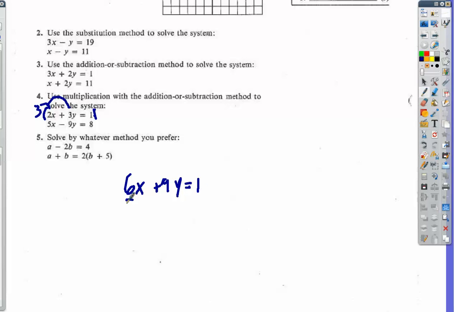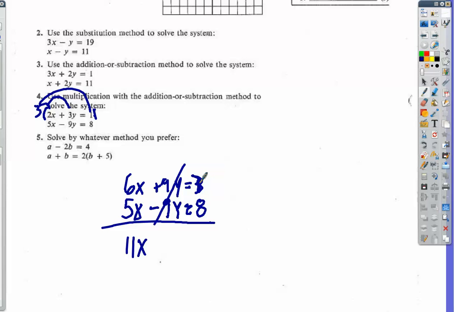And then I'm going to rewrite the original equation. So these will cancel out, so I get 11x.